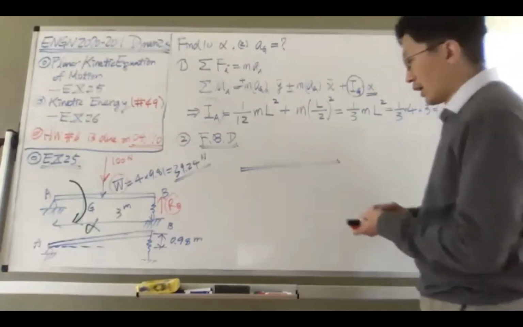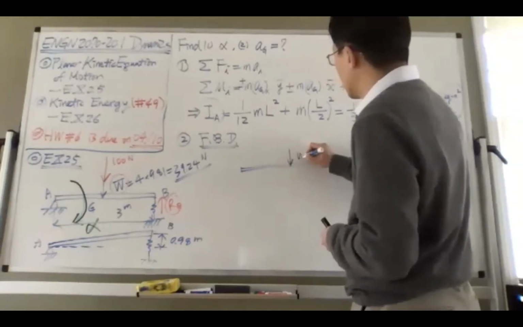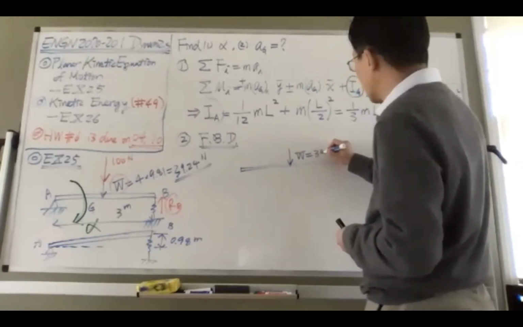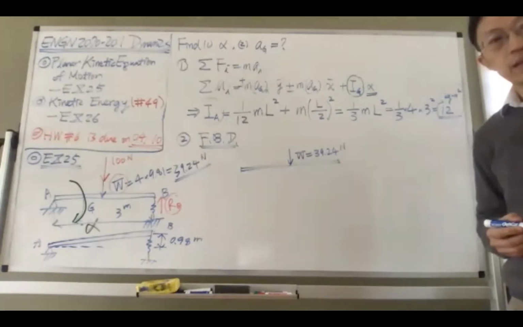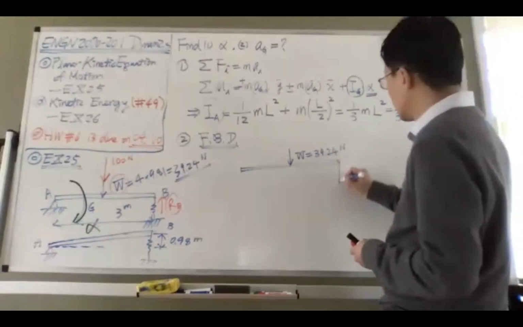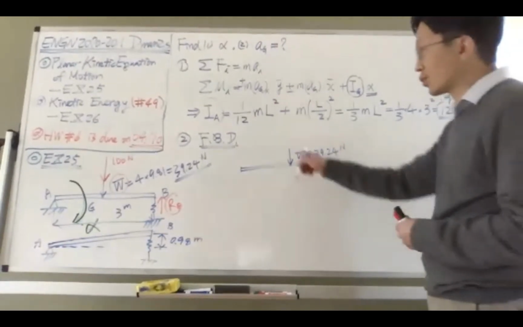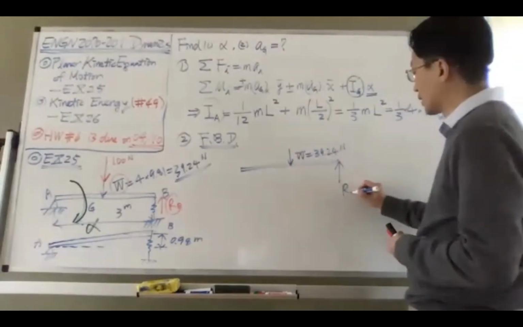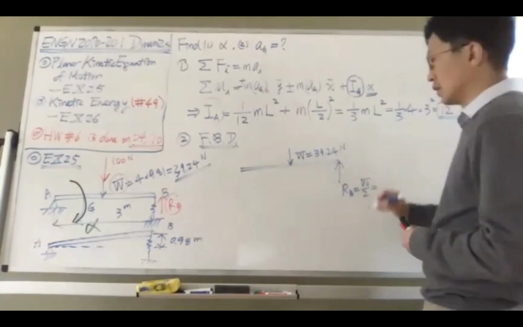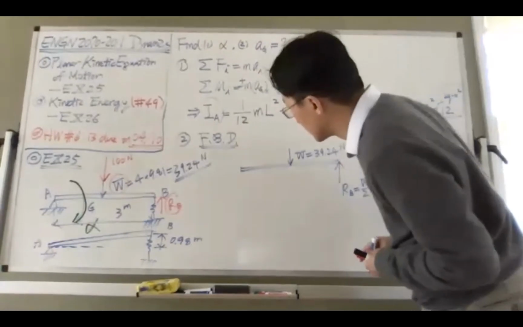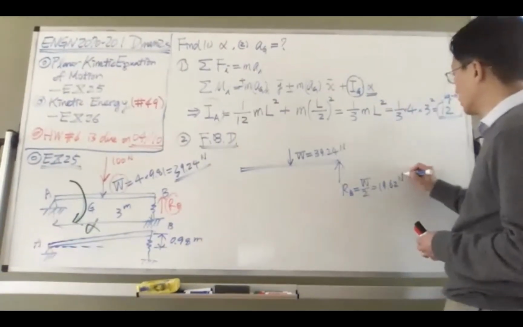First of all, you have the weight, and this is 39.24 newtons, right? And of course, in response to the application of this weight, you have the reaction RB, which is 1/2 of this weight, and that is 19.62 newtons.